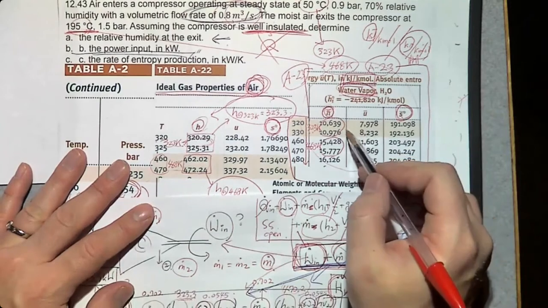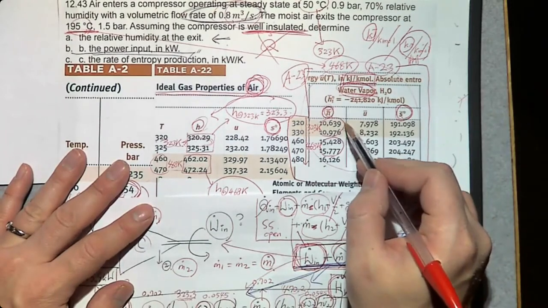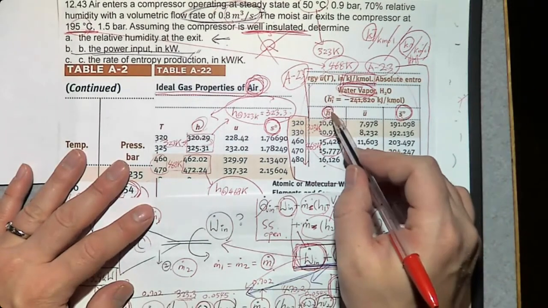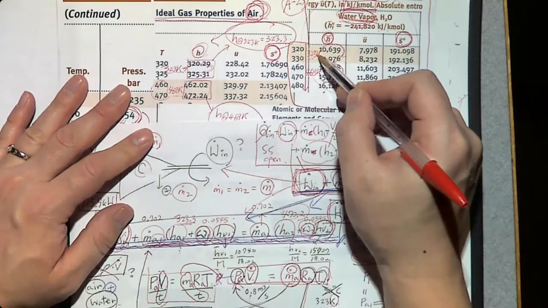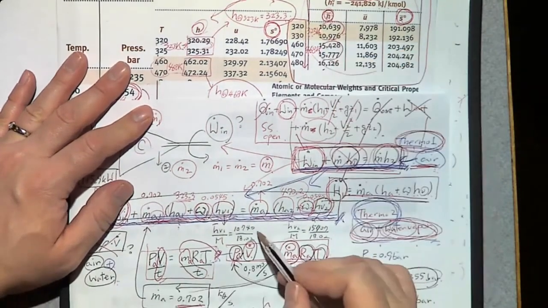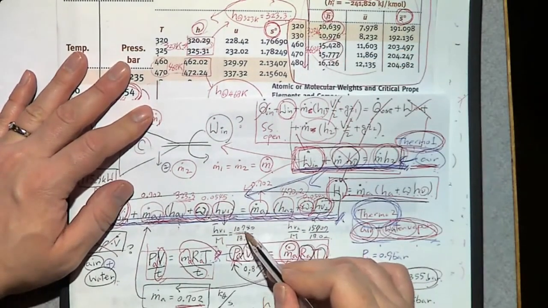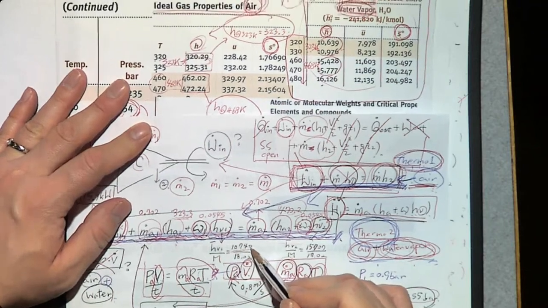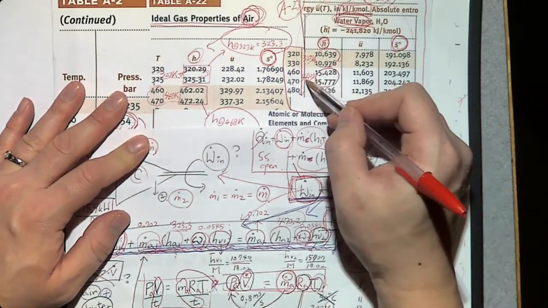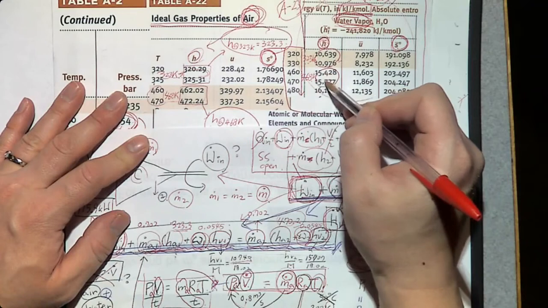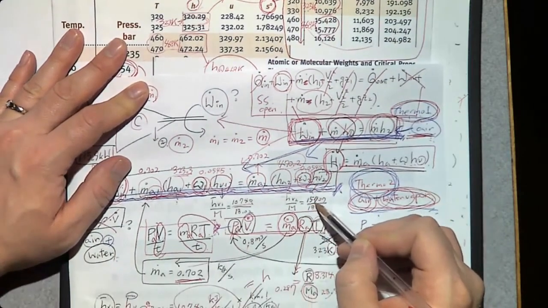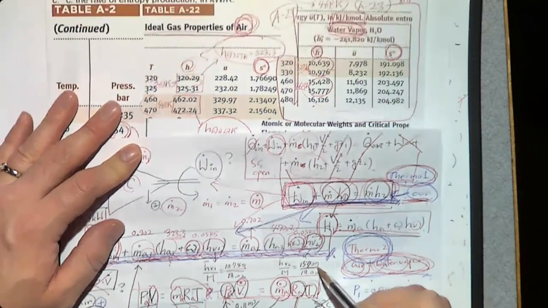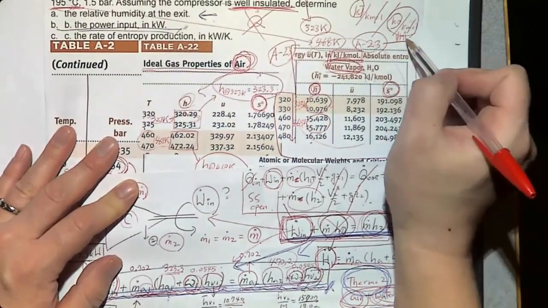So we can find H bar, the specific enthalpy on a molar basis at 323, which is this one, 107.40, and we can do it at 468 between these two numbers. That is 15707. We need to divide this by the molecular weight.